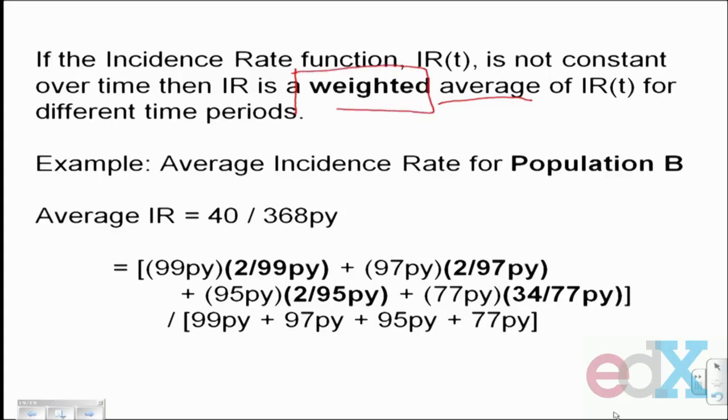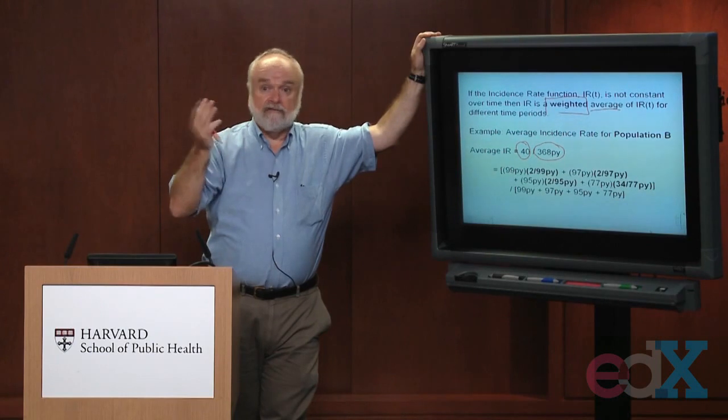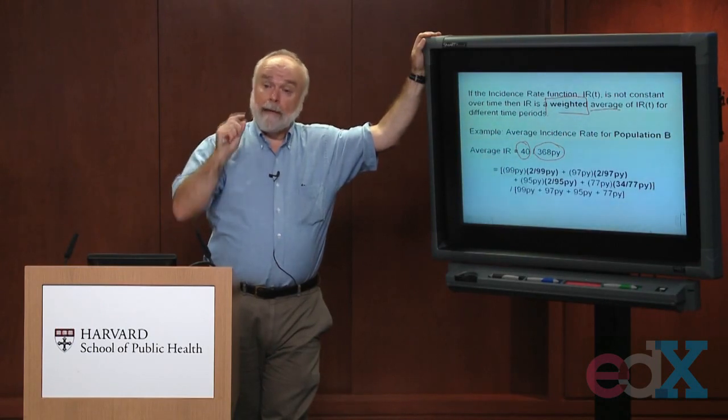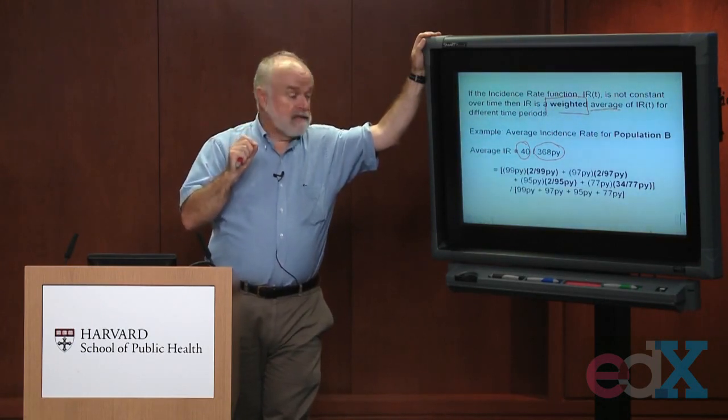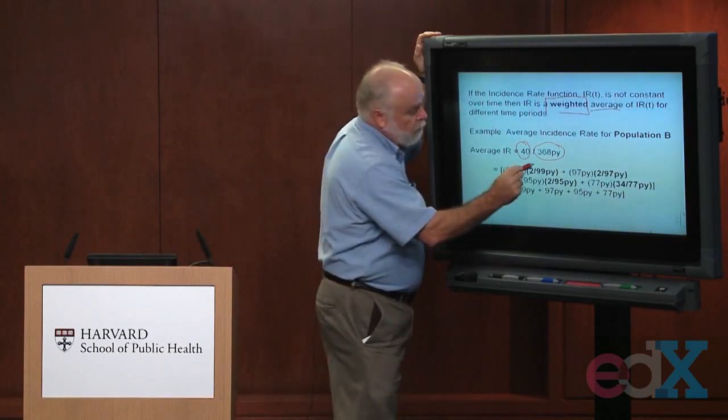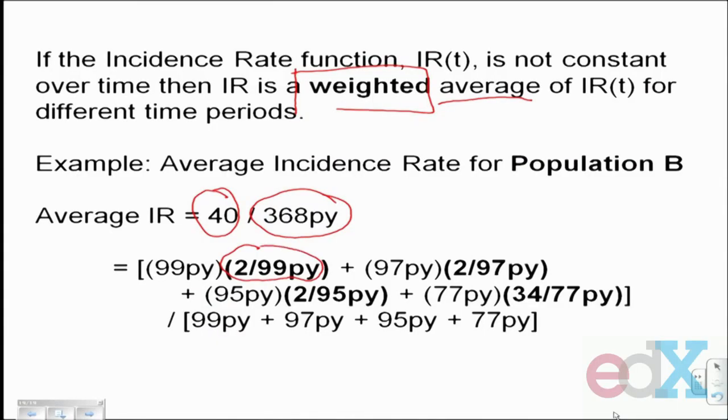Because if I took all the cases, 40, that I observed in population B, and divided by all the person time I observed, 368 person years, and represented that as one number, 0.11 cases for every 1 person year of follow-up, mathematically, that's the same thing as taking each of my 4 separate incidence rates, in the 1st year, the 2nd year, the 3rd year, and the 4th year, and weighting them by their person time.